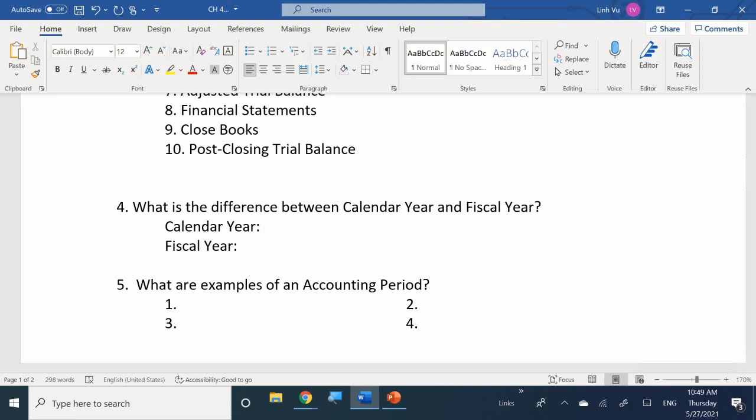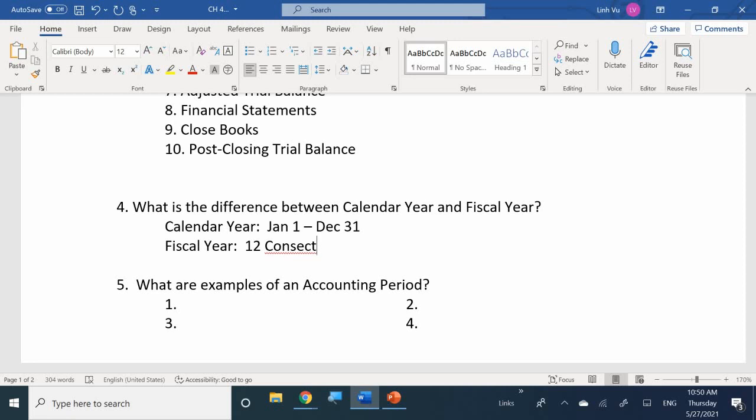The calendar year is January 1st through December 31st. Good, December 31st. What else? And the fiscal year ends consecutive. The fiscal year is the end of the 12th. Starts on the 1st and ends on the 31st.